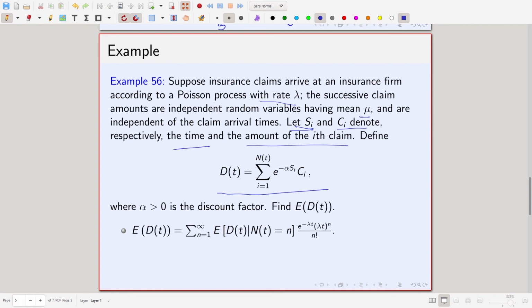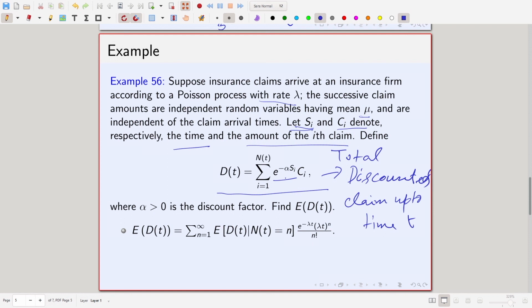So this is basically the total discounted claim up to time t.